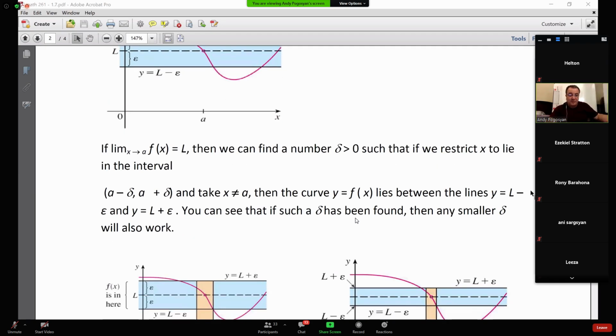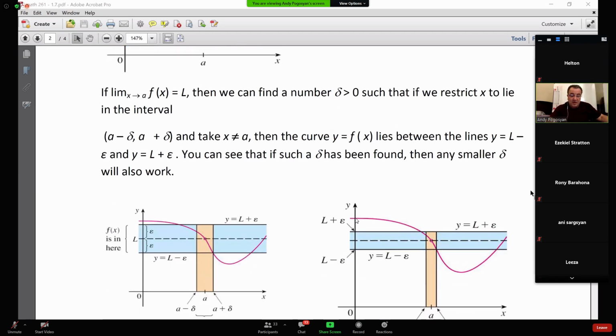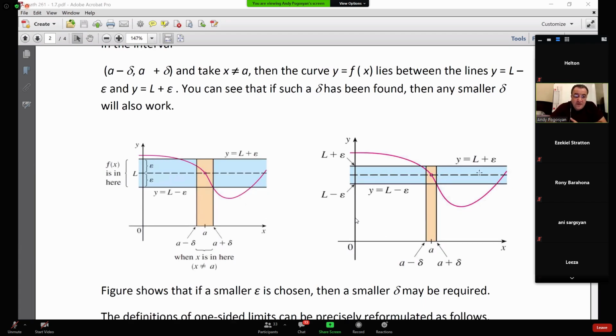Now, see the graphs. First one, f of x is in here. L plus epsilon, L minus epsilon. Epsilon is any given number. Now, when you're choosing, you choose the smallest delta. If you look at the graph, it's here to here, but this distance is more than the other one.